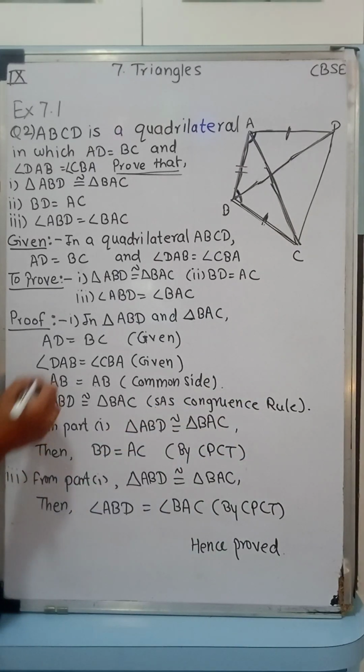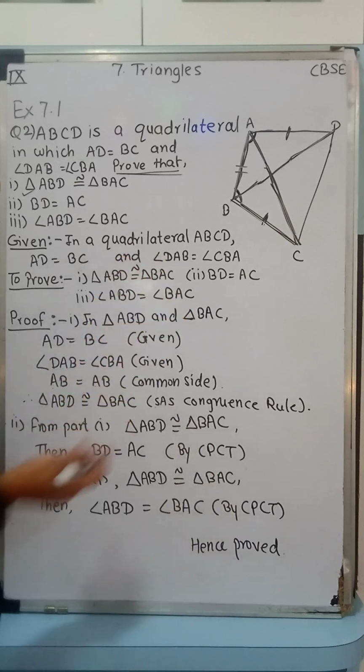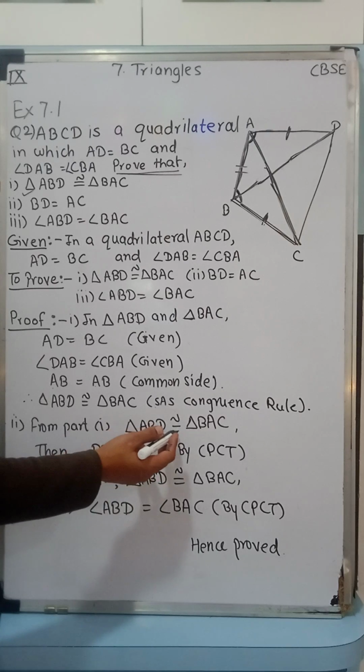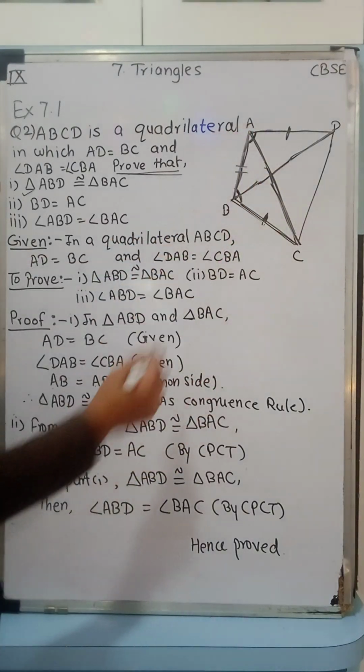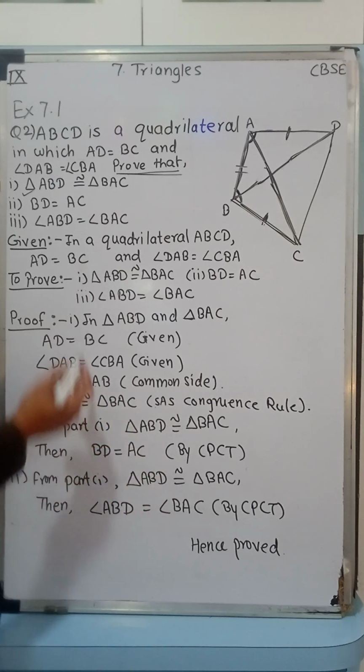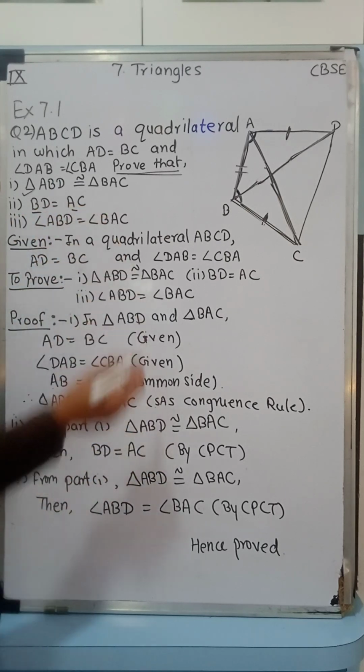Once you have shown that the two triangles are congruent to each other, we have seen that if two triangles are congruent, the corresponding parts are also congruent. So from part 1, triangle ABD is congruent to triangle BAC. What we want to show is that BD is equal to AC.